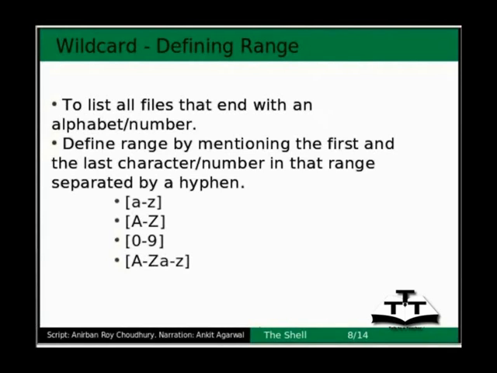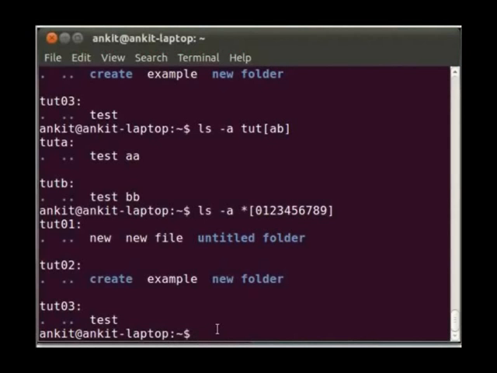For capital letters it would be capital A hyphen capital Z, and for any letter it can be capital A hyphen capital Z followed by small a hyphen small z. So in our problem of listing all files that end with a number, we can simply write ls space -a space star followed by the numbers as a range.